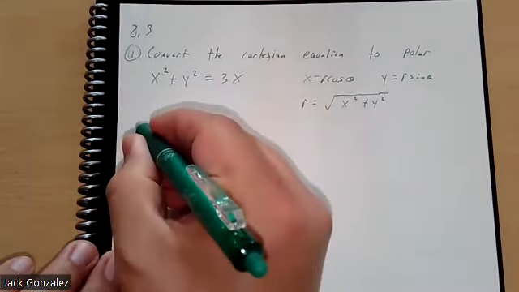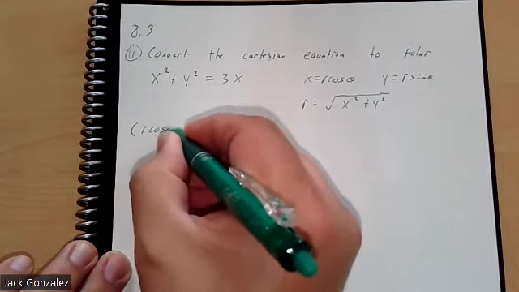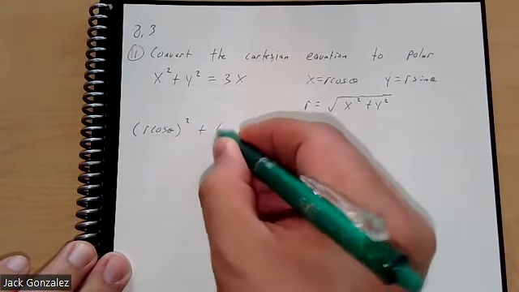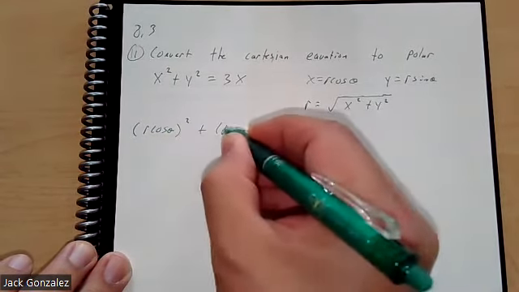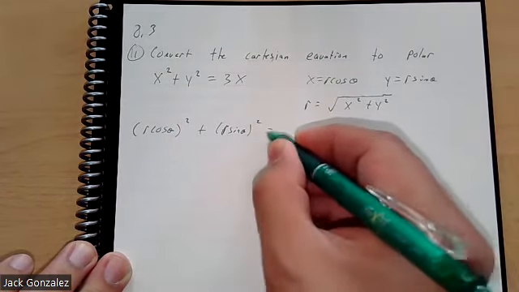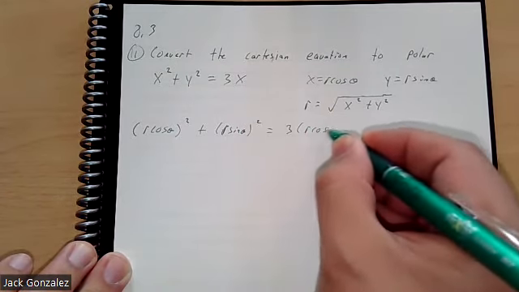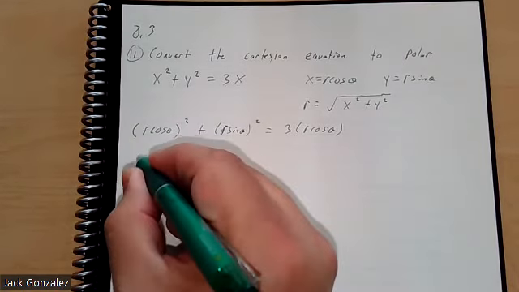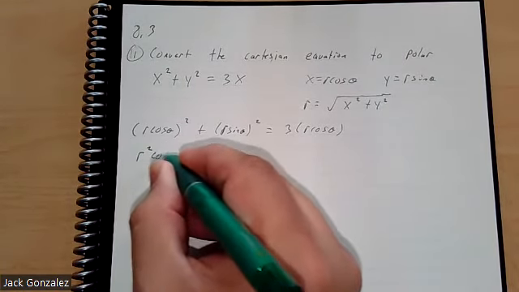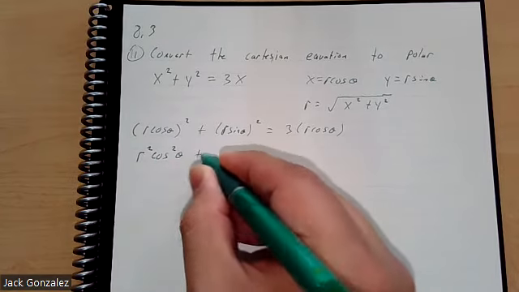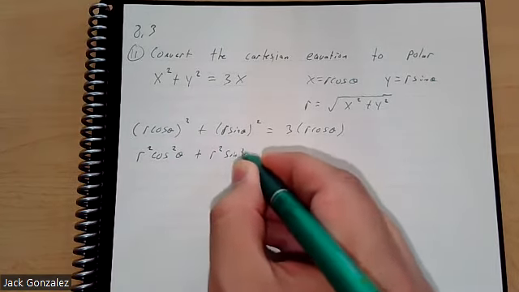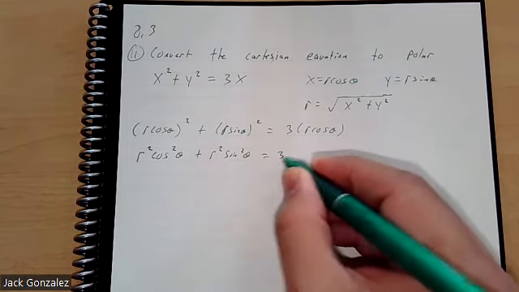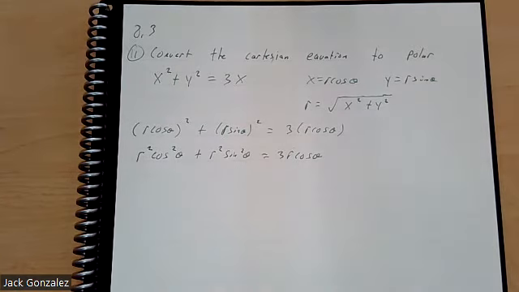So r cosine theta plus r sine theta is equal to 3 times r cosine theta. So all I did was substitute all your x's and y's. That's it. Now square everything and simplify. This will become r squared cosine squared theta plus r squared sine squared theta equal to 3r cosine theta.